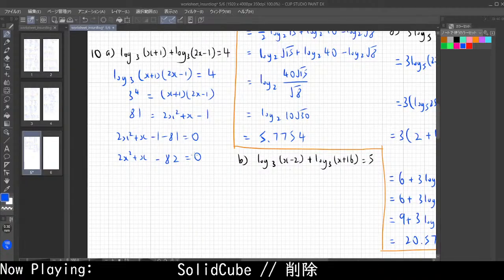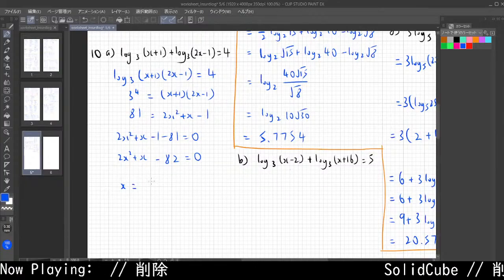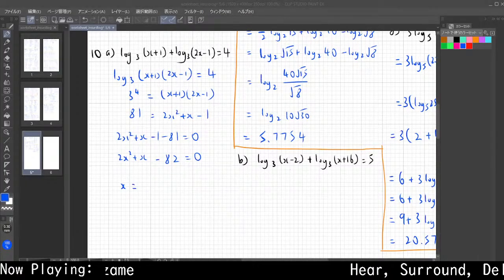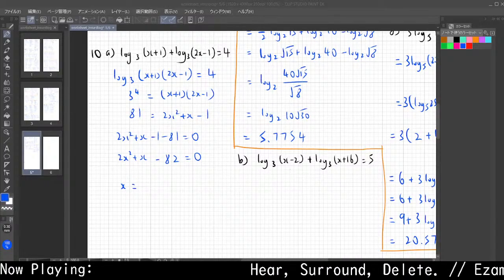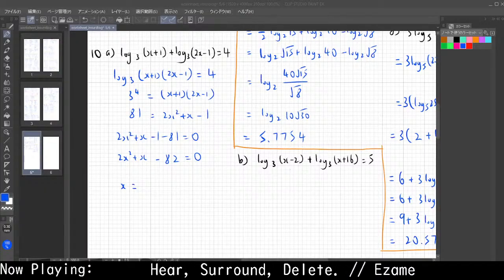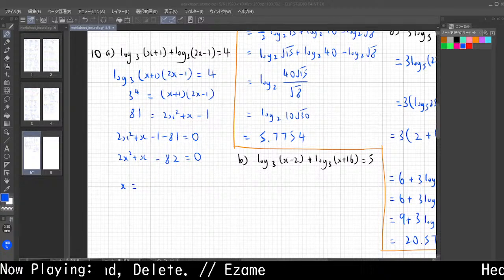Okay, crucial calculation for this. Right. Why is my mic so sensitive today? The feedback is so strong. Let me just adjust the position a little bit.